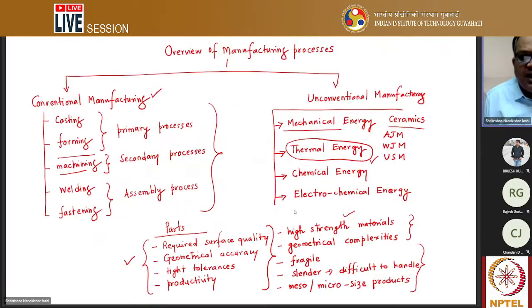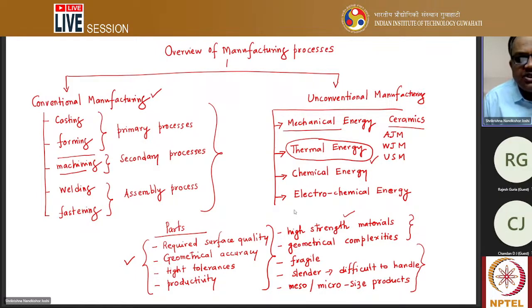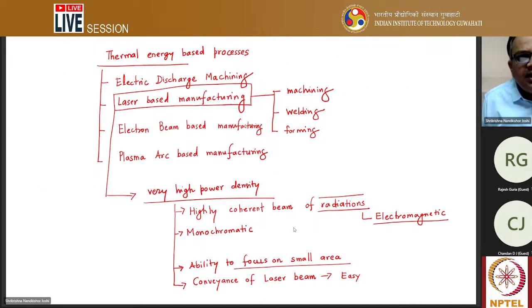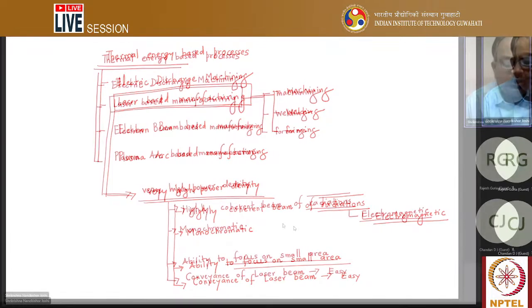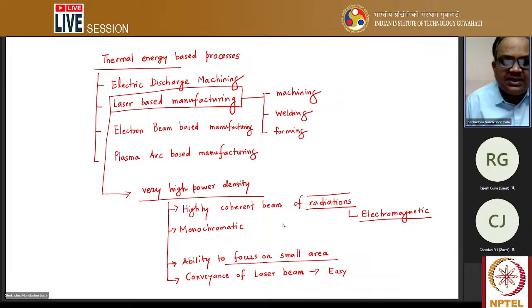Then we have learned various manufacturing processes being used, the conventional as well as the unconventional way of carrying out the manufacturing, and the prominent way of using thermal energy for getting the work done, maybe for forming or for machining. What are the various processes which are available that we have seen? And one of the process is laser-based manufacturing, and it has its own uniqueness. It has its own advantages. That's why it is quite popular in the industry. It is playing a major role in the manufacturing industry.